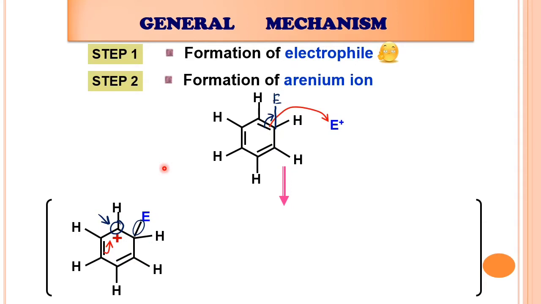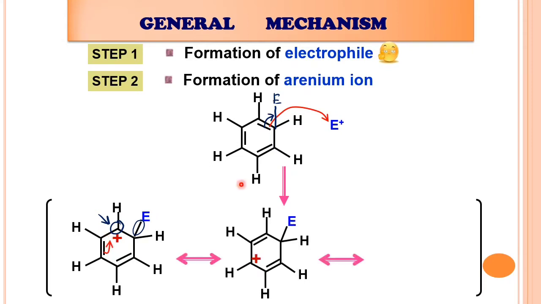As we know, the double bonds in the benzene ring can delocalize and change position, so we can draw the other resonance structures. Say we move this double bond to the adjacent position; we only move it to the adjacent one, not skip over. So this double bond has moved here. What happened to this carbon? It lacks one bond, so the positive charge will be here. It will form a carbocation.